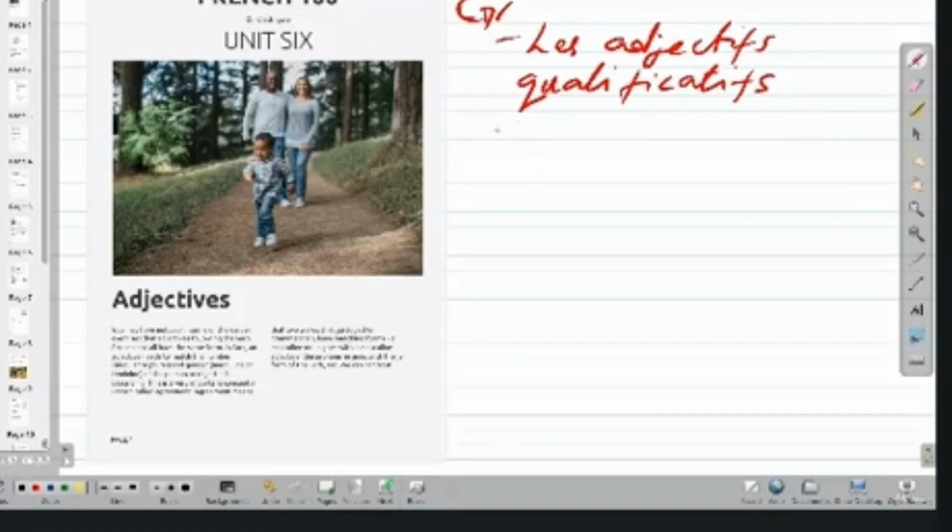So that's basically what we're going to learn. We're going to focus on how they behave, how to use them in masculine, in feminine, in singular, in plural, and then we'll pay attention to that.